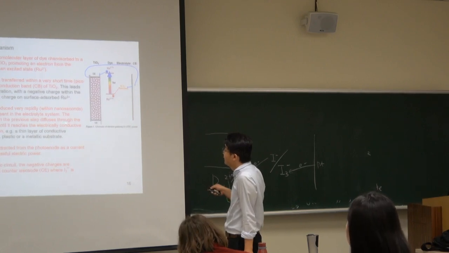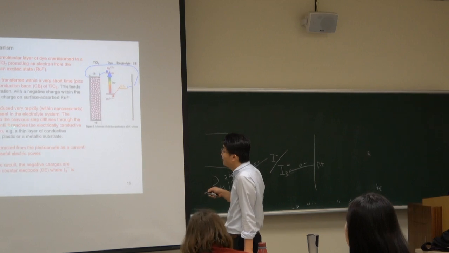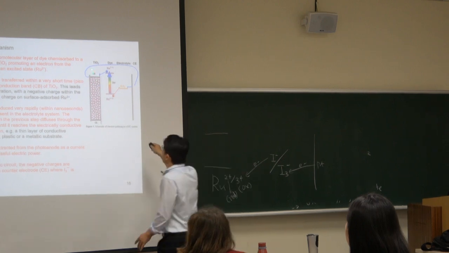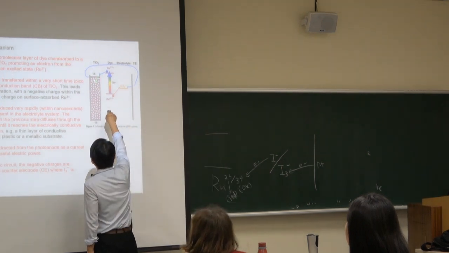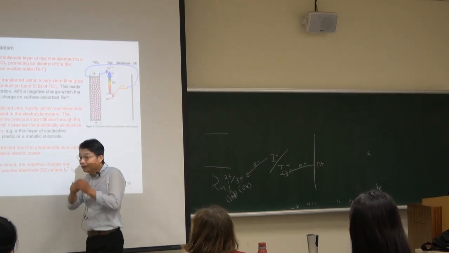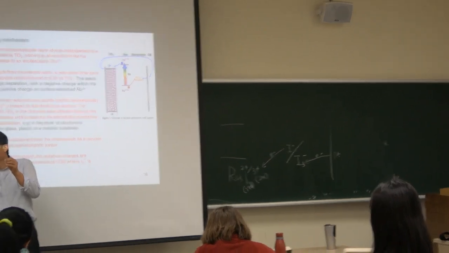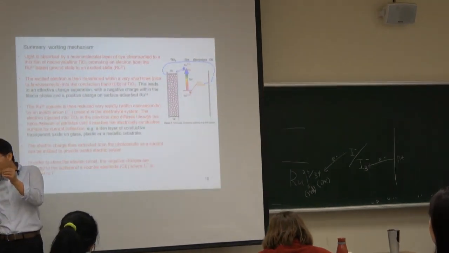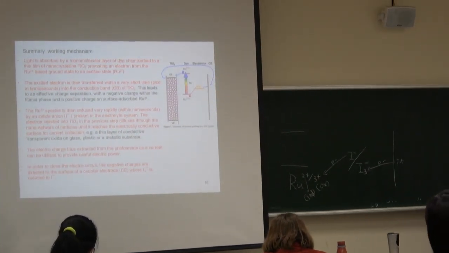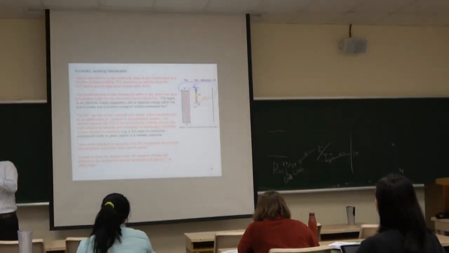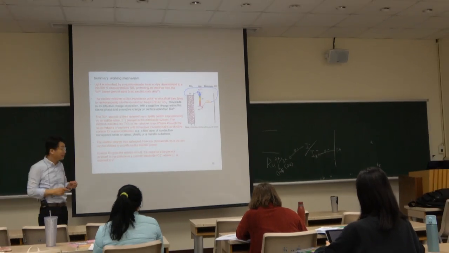Through the network of particles until it reaches the conductive surface for current conversion. So once the electron transfers through the TiO2, it becomes a long journey, right? A long journey, that means there is a long road. So we have to make the electron transfer in the TiO2 as soon as possible to reach the conductive layer, conductive CD.